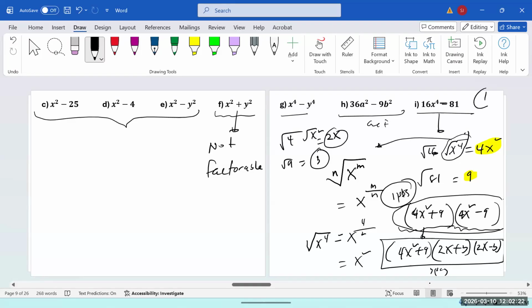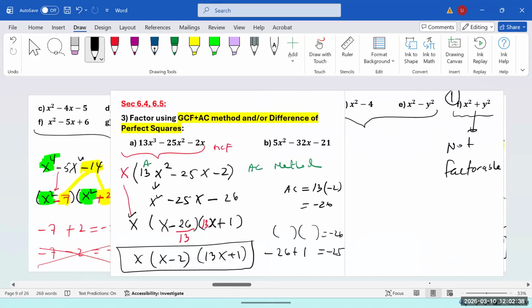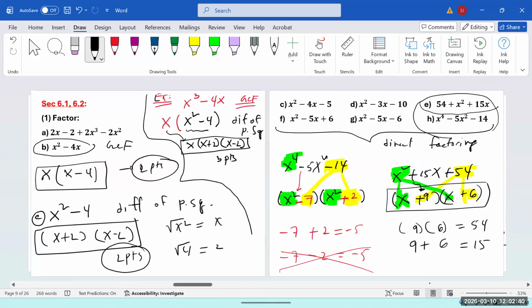And then for perfect square, I give you the 3 scenarios: GCF, perfect square, a combination. And for 4 terms, like this, anytime you have a GCF, you always factor it out first, and then you group them into 2 groups.